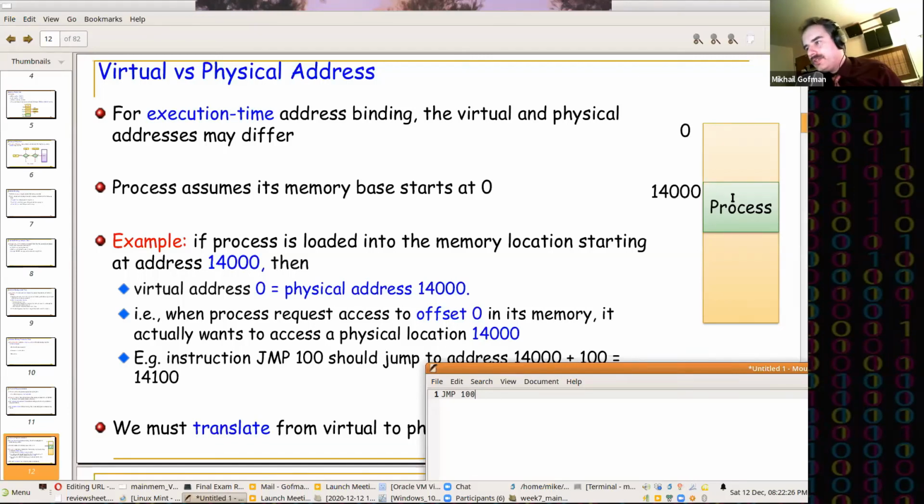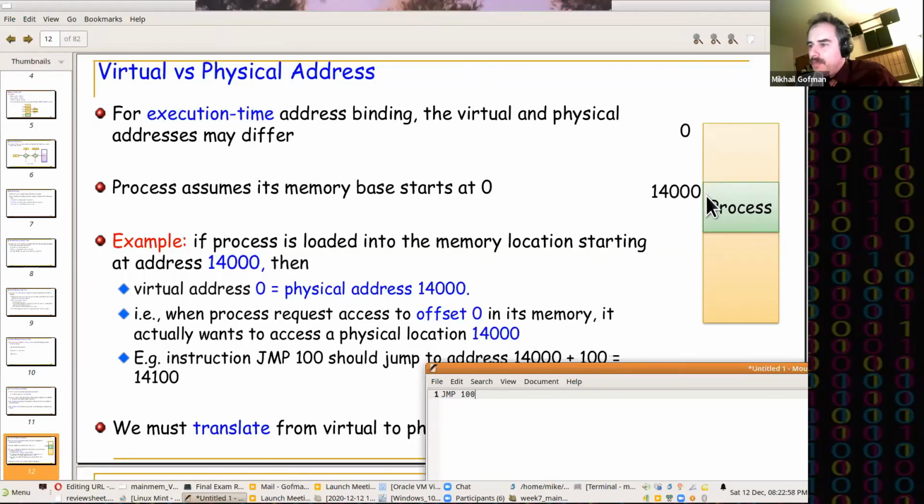All it cares is that it says, in my program, I want to jump to location 100. Now, if the process is stored in memory location 14,000, this is the physical memory location, it's not saying it wants to jump to the physical memory location of 100, which would probably locate it somewhere right here. It wants to jump to location 100 with respect to where it starts in memory.